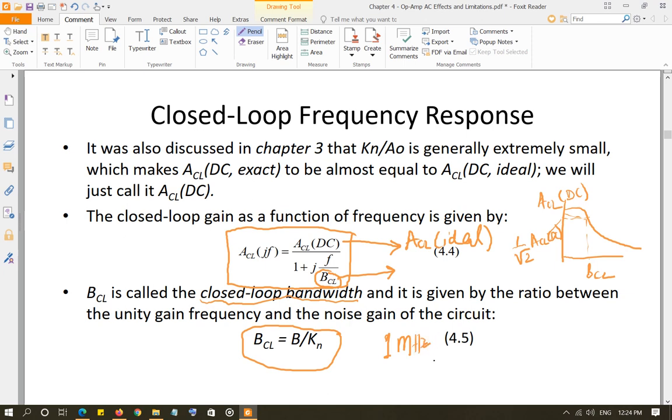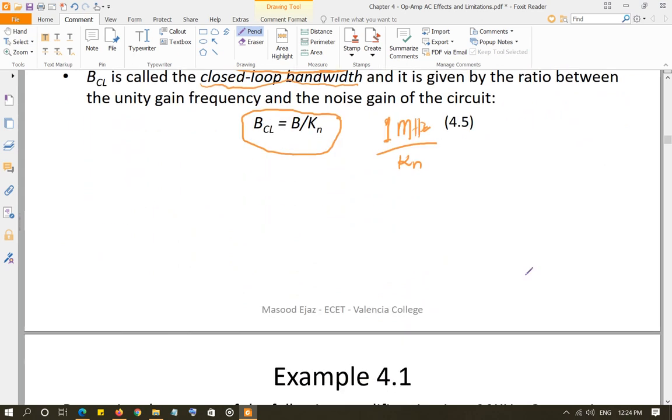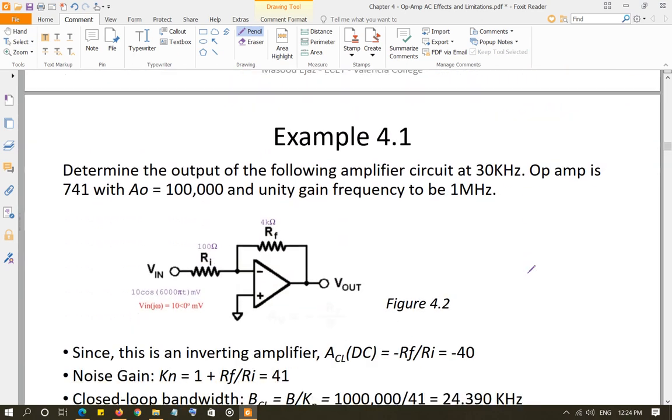So it's 1 megahertz over Kn, whatever the value of Kn is based on the values of different resistors connected in whichever circuit you are analyzing. So this is our basic equation that will be used to calculate the closed loop frequency response of circuits at any specific frequency. So let's look at one of the examples.